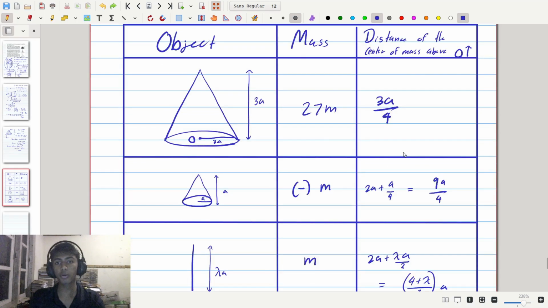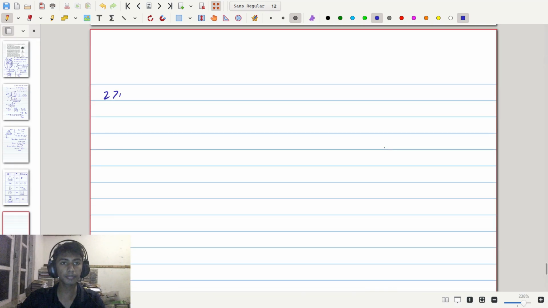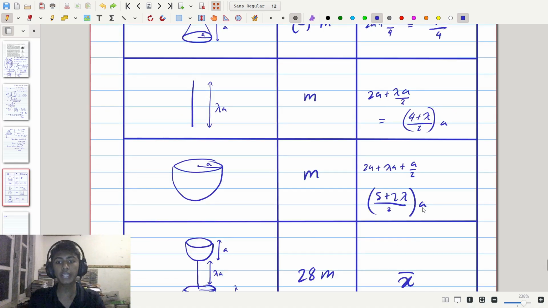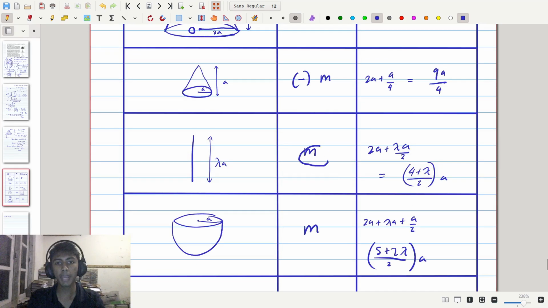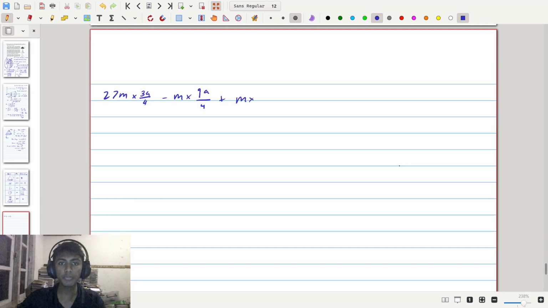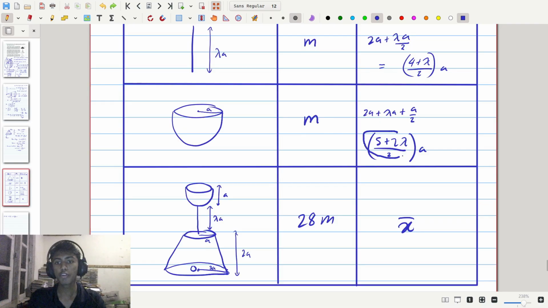So if I write this down, I can say 27m times 3a over 4, plus the next mass, which is minus, so I'm going to write minus m times 9a over 4. The next mass is plus m times (4 plus lambda) over 2 times a, so we have m times (4 plus lambda) over 2 times a, plus the final mass, m times (5 plus 2 lambda) over 2 times a.